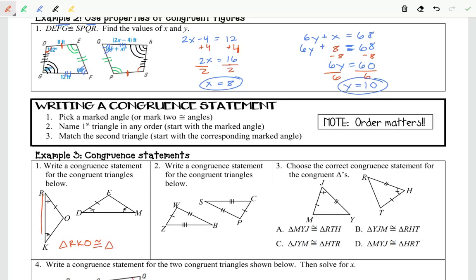So we went from 1 to 2 to no marks. So we have to go from 1 to 2 to no marks. So if we named it like this, it would have to be triangle DME. We could have had a different order for the first triangle, but if we used a different order for the first triangle, we have to match that order in the second triangle.